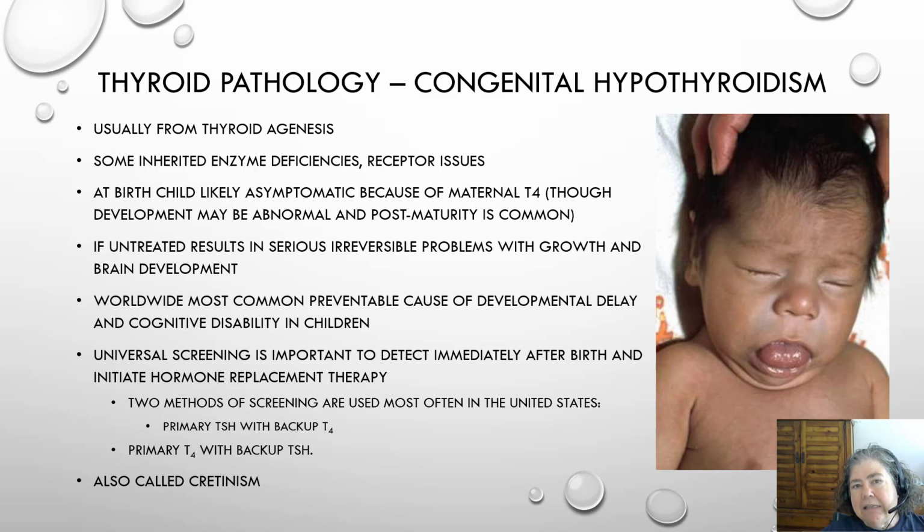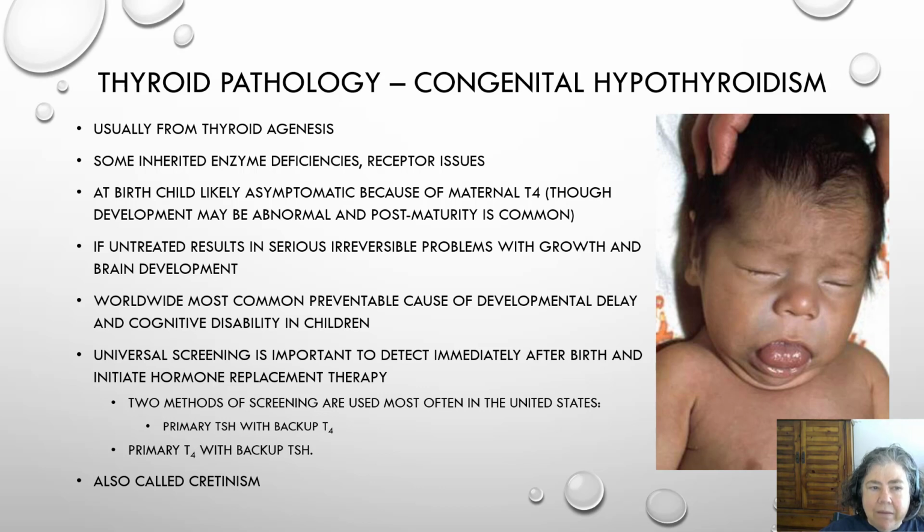In some cases, there are issues with thyroid receptors or enzyme deficiencies that can actually cause abnormal development during fetal life. But in most cases at birth, the kid's asymptomatic because they're getting maternal T4.